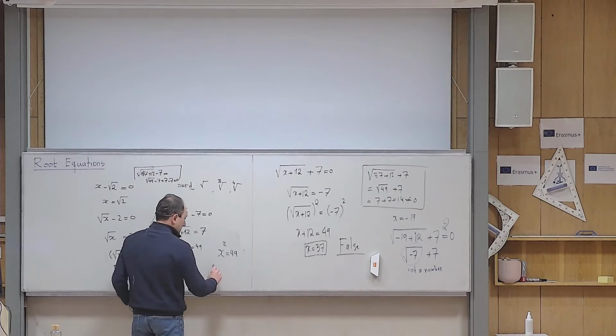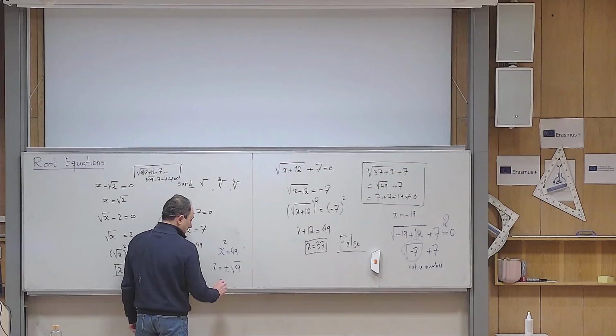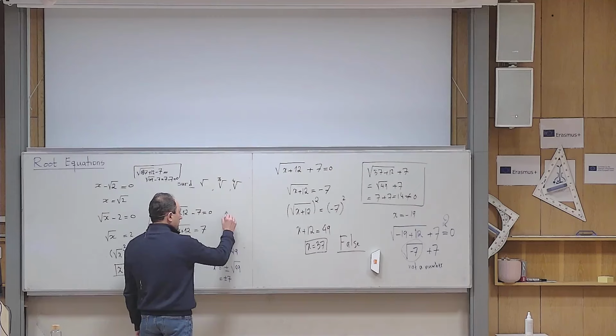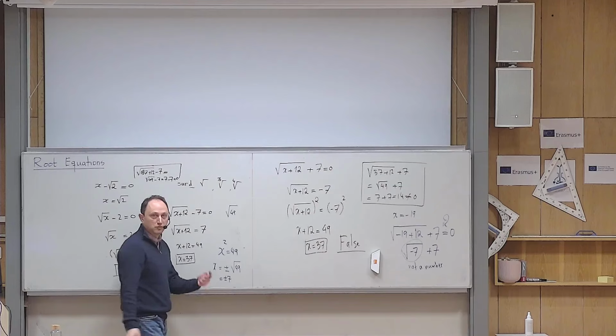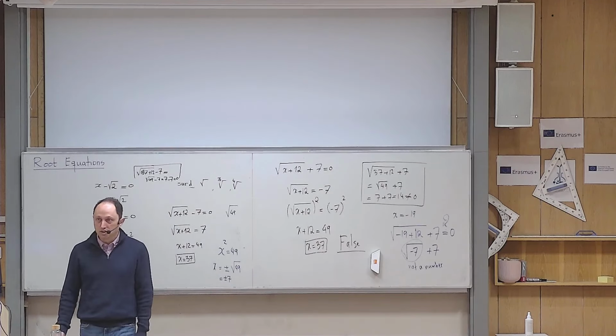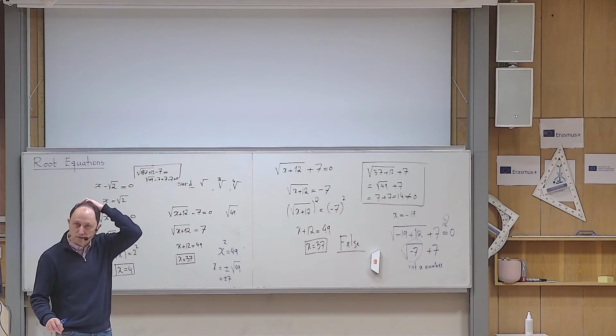So x is equal to the square root of 49 plus or minus, and then you calculate it becomes plus or minus 7. But if you take your calculator and punch this in even hundreds of times, you will never ever get even one single minus 7. The square root of 49 is one number, and that is 7.